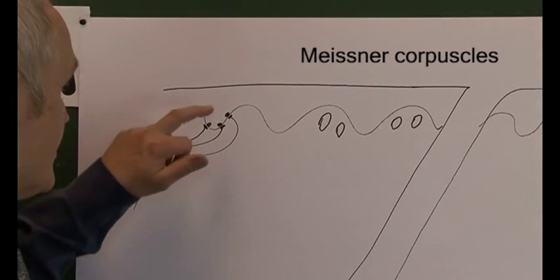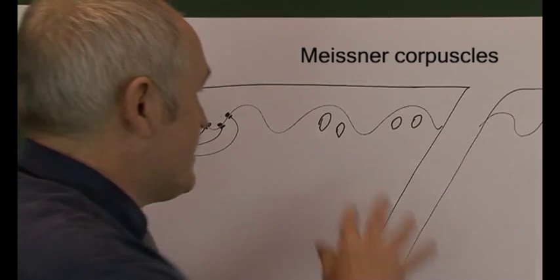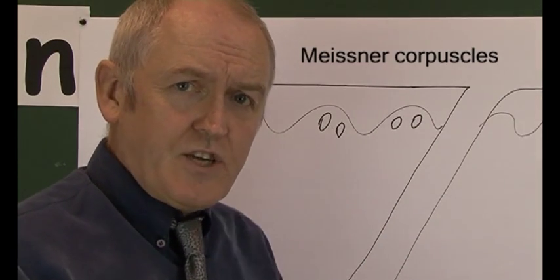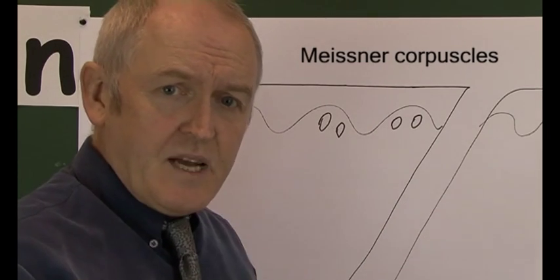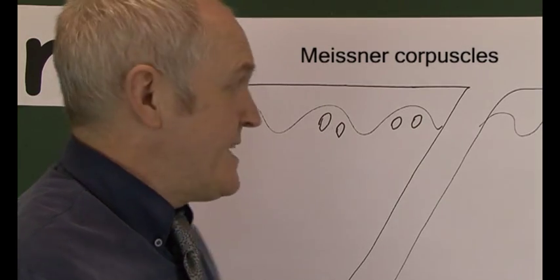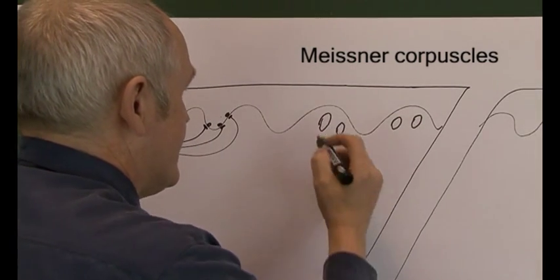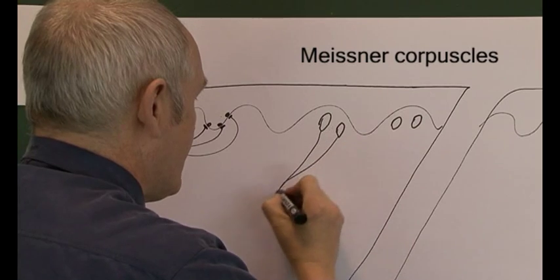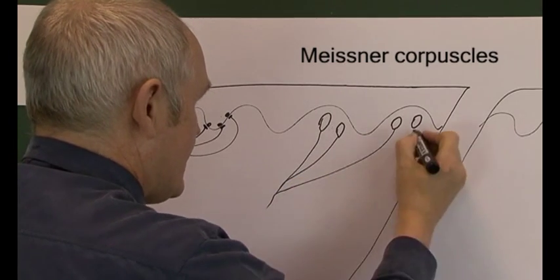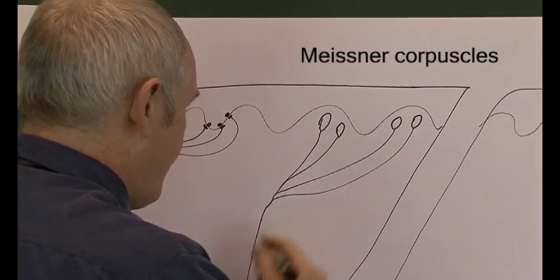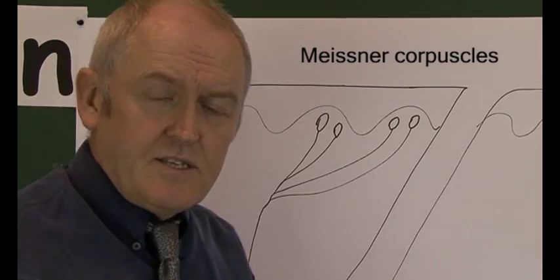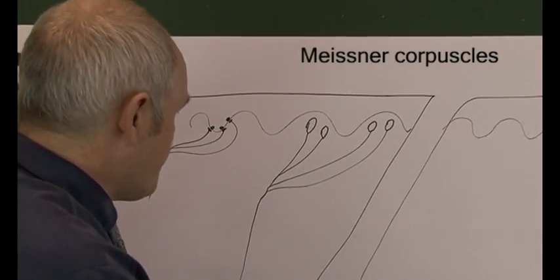Maybe not as light touch as the Merkel cells, but the Meissner cells detect touch. So when someone's just touching you, that's the Meissner cells that are detecting that. So they're fairly near the surface. And again, these nerve fibres will come together and they will go off towards the central nervous system.